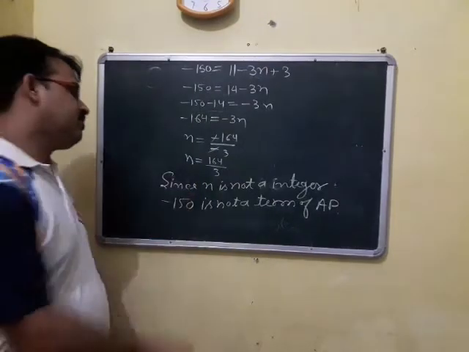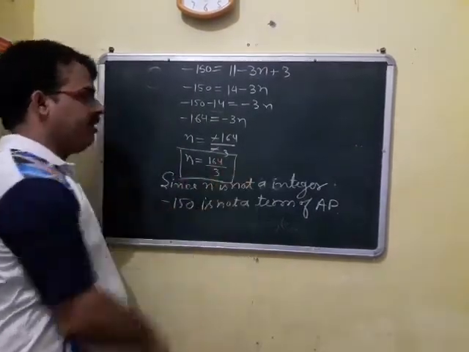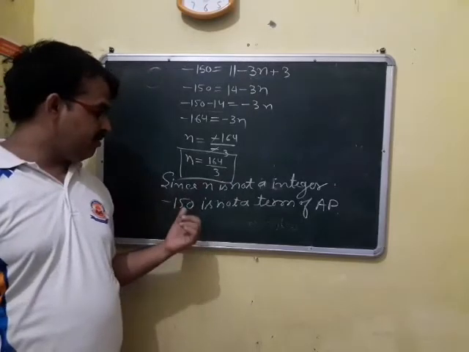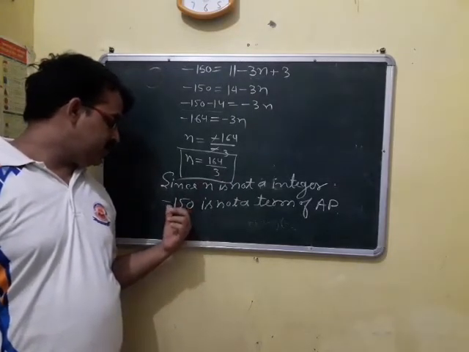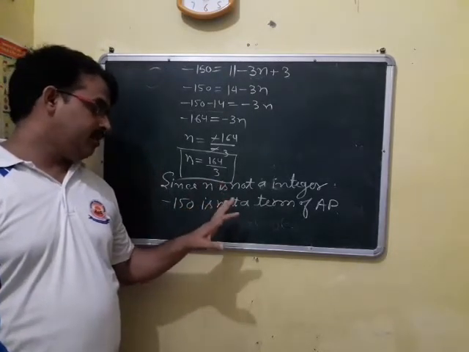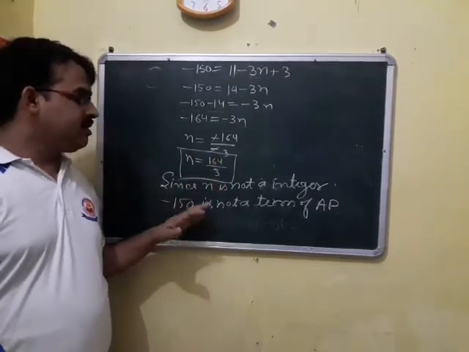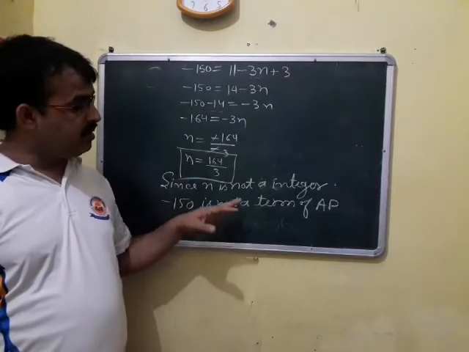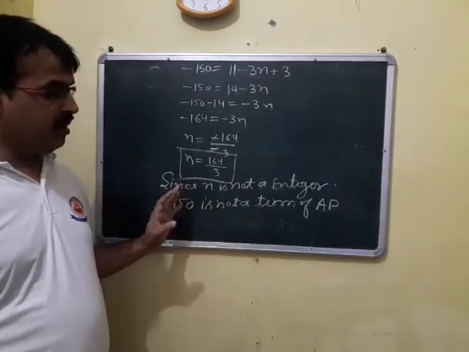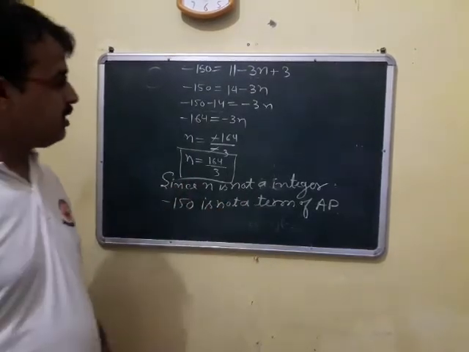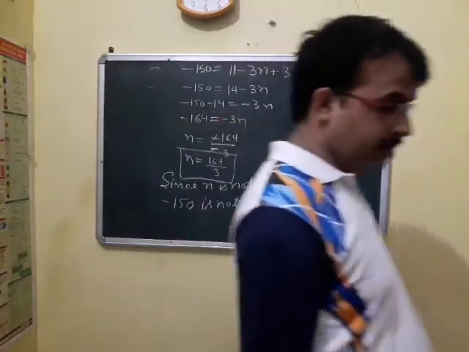If we were finding an integer, then we would say minus 150 is a term, but here n is a rational number, so it is not a term of the AP, clear.